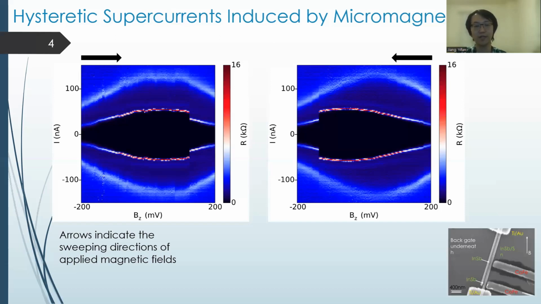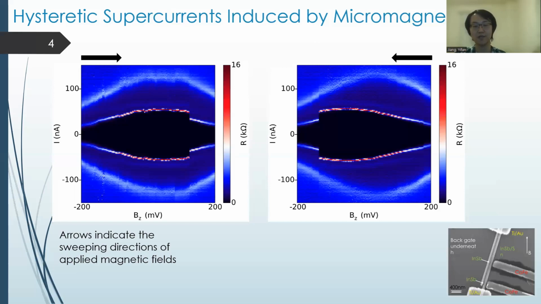As ferromagnetic materials, these two strips have a coercive field, and when the magnetic field reaches the coercive field and gets larger, the magnetization direction switches sharply, resulting in the sharp switch observed in this plot.